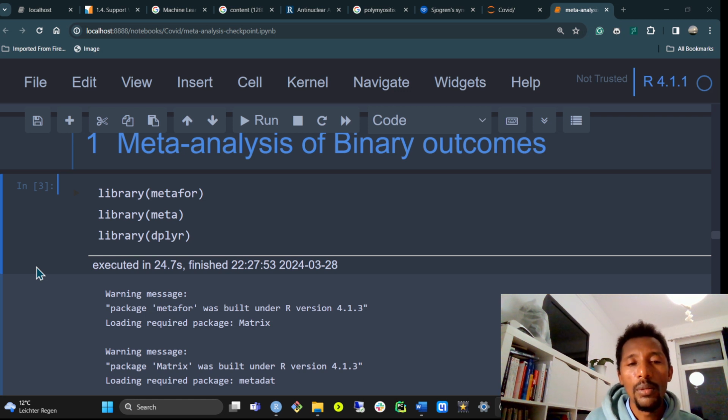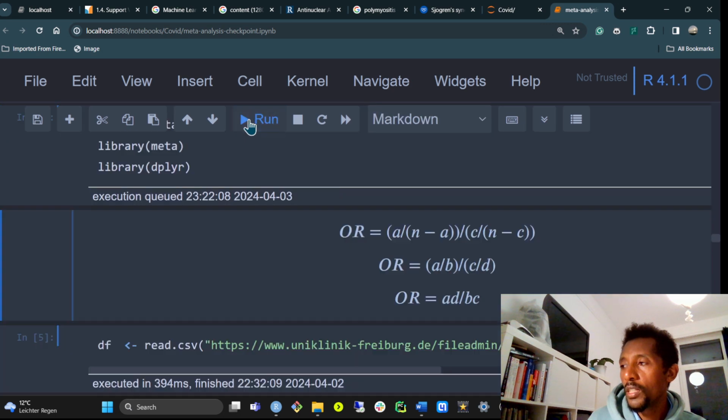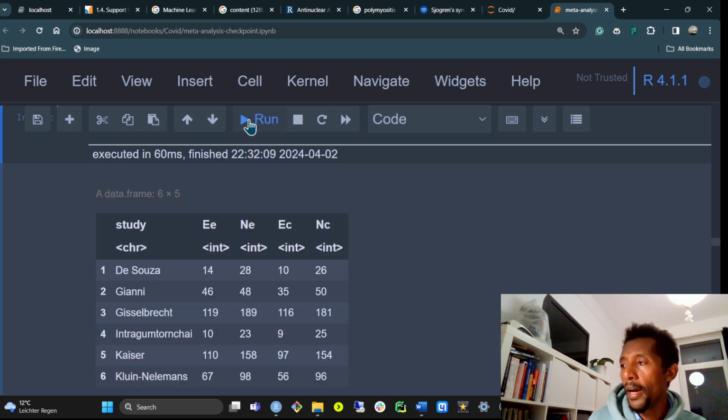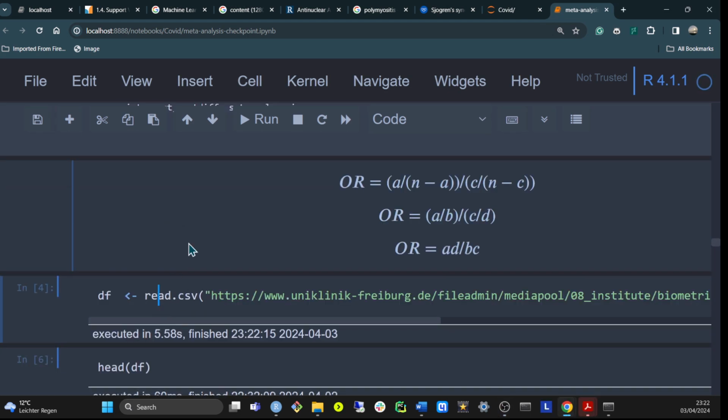And here we have the total number of people in the control group, and within the control group, the number of diseased individuals. So this is the structure of our data, but we want it in the A, B, C, D structure. To do that, we need to do a little bit of calculation.